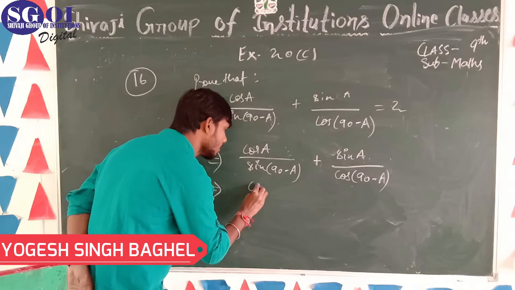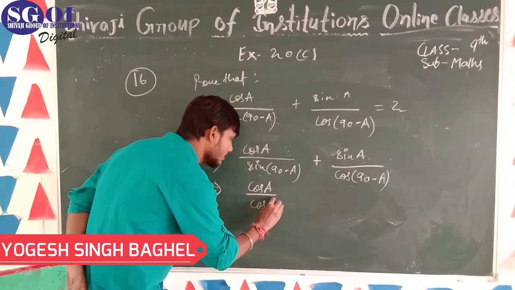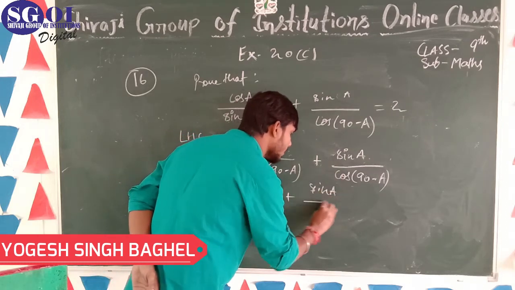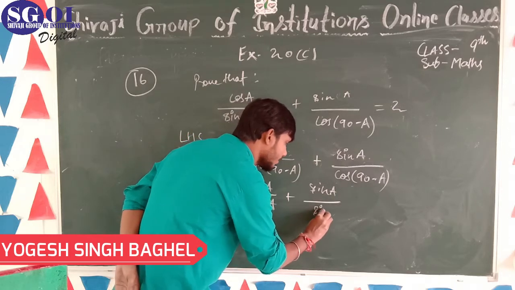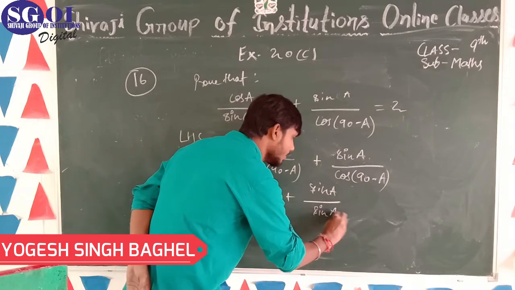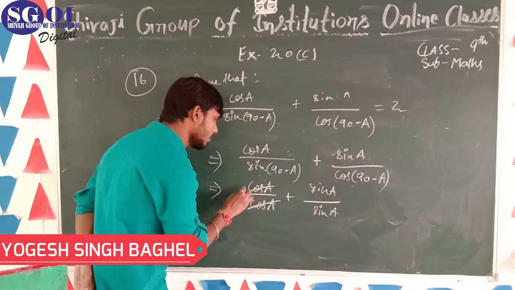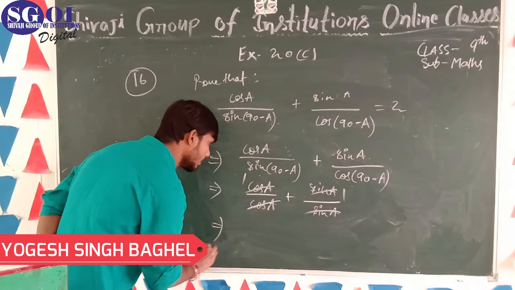So sin(90 minus theta) is cos theta, plus sin theta. Likewise sin A is cos(90 minus A), which comes to sin A. We have used the complementary relation here, and I told you about it in an earlier class.